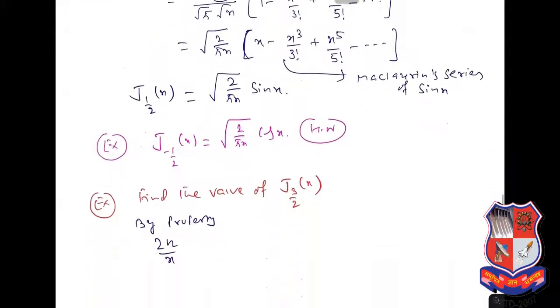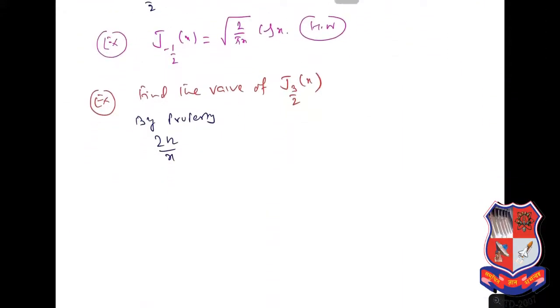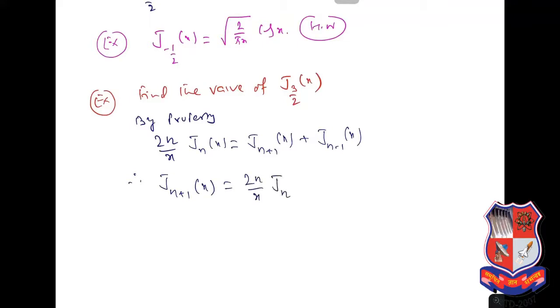Okay, so that is 2n by x jn x equal to jn plus 1 x plus jn minus 1 x, and therefore jn plus 1 x equal to 2n by x jn x minus jn minus 1 x.